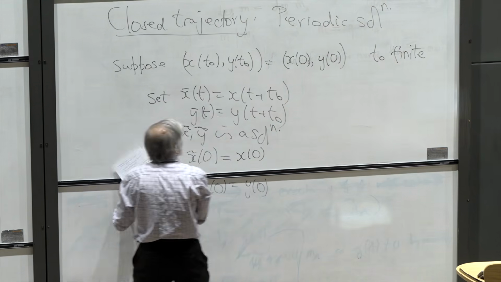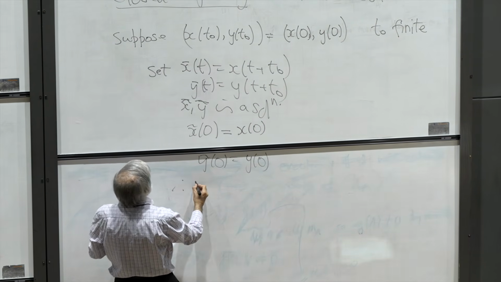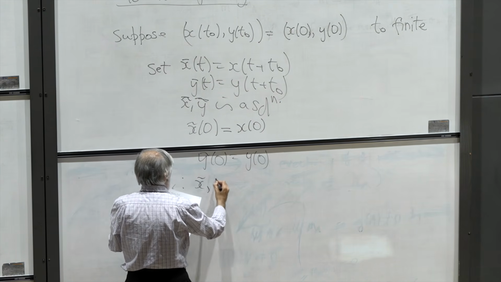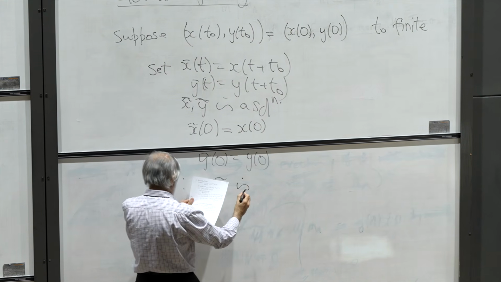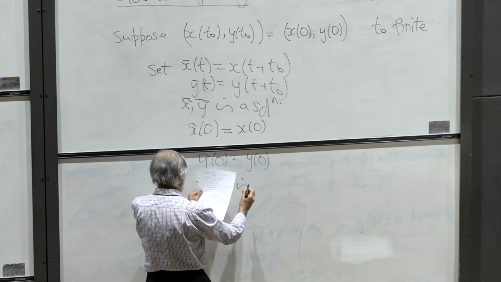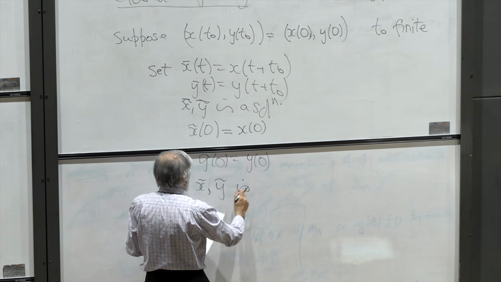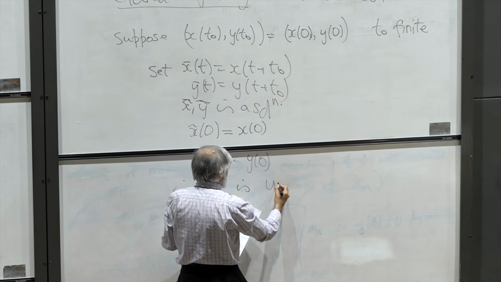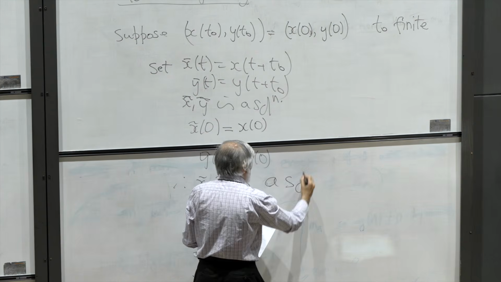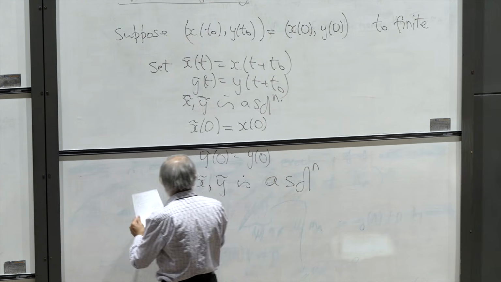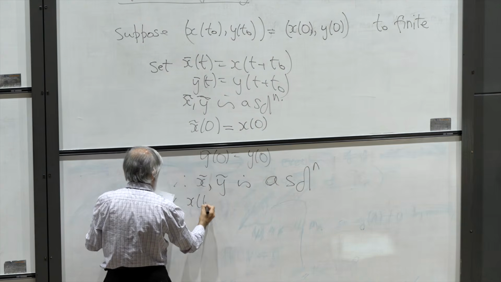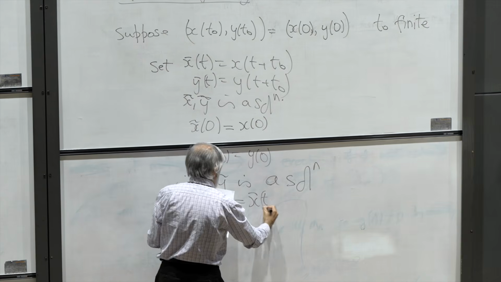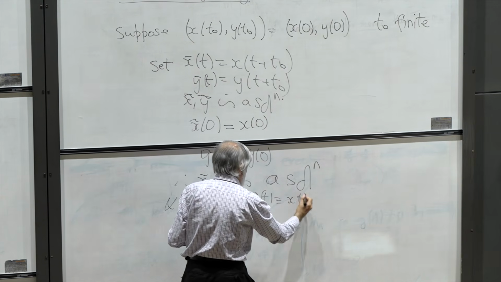Therefore, x hat, y hat is a solution, and x of t plus t naught is equivalent to x of t.